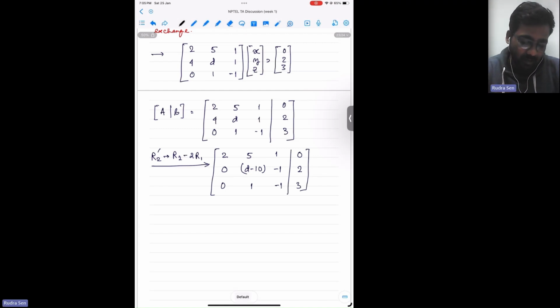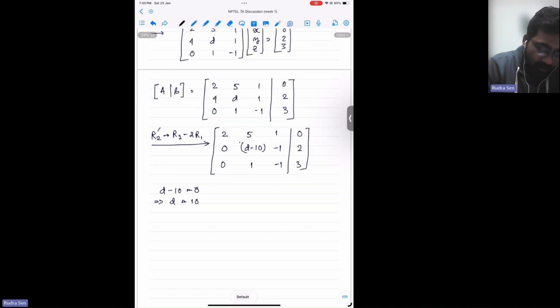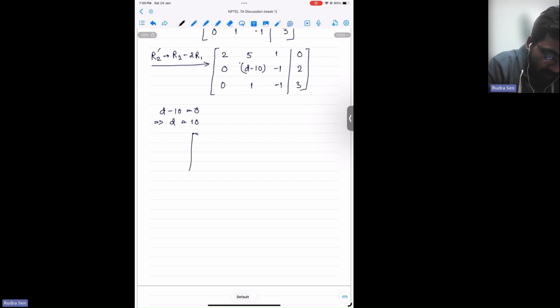So similar pattern, we need d to be something which forces us to do a row exchange. Obviously, forcing a row exchange means we need to make sure that this term should be 0. So if we choose that, we will get d equals 10. So what would be that result? It would be 2, 5, 1, then 0, 0, minus 1, 2, then 0, 1, minus 1, 3.